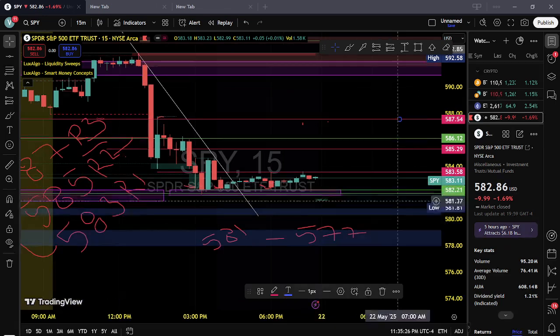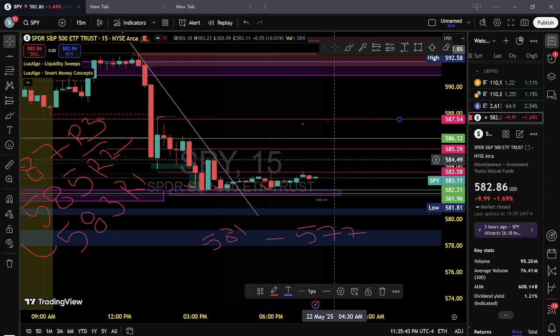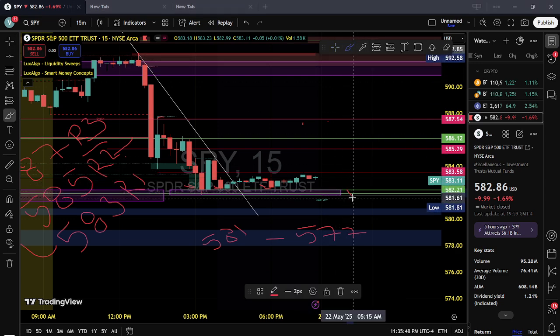So tomorrow's game plan is very simple. At 4 a.m. the market will open. It will try to test this 581 again. It will try to tap this level. If we see a bounce again at this level, then I'm pretty sure the buying will start to come at this level, and slowly it will try to consolidate.